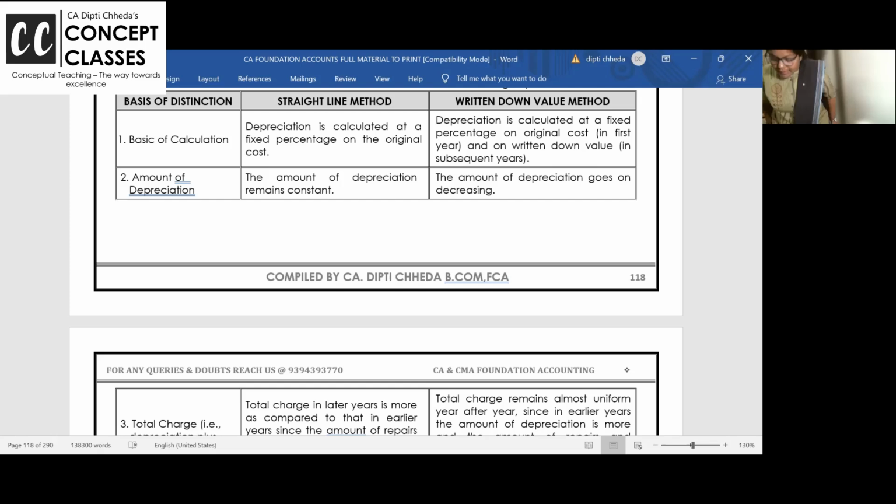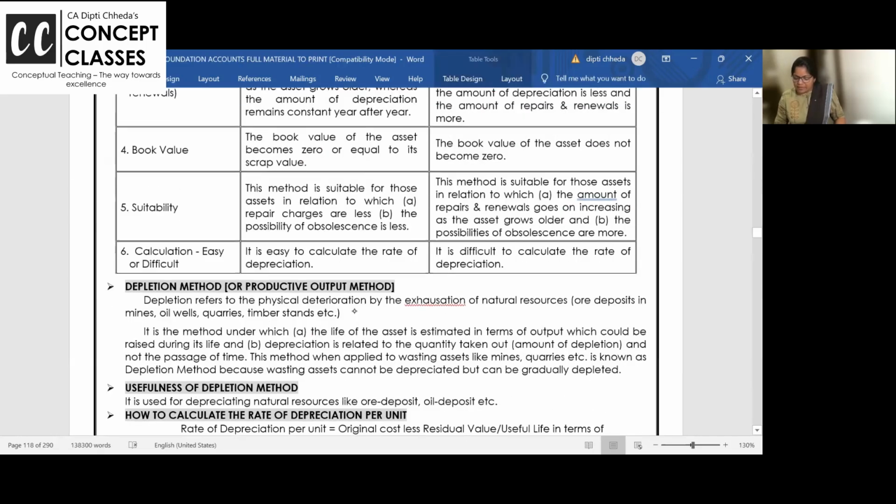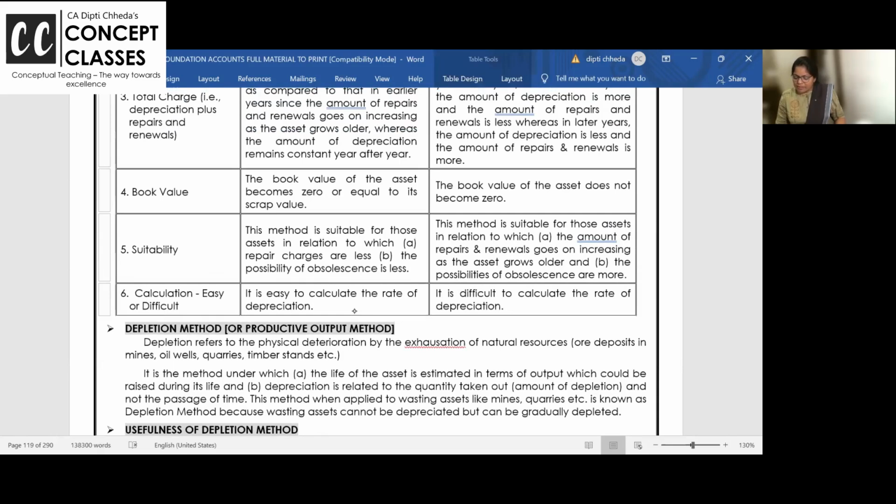I can ask you this as a theory question: SLM and WDV method, distinguish between. In SLM, the amount is fixed. Depreciation is calculated on original cost. Here in WDV, the amount is not constant but the rate is constant. In SLM the book value of the asset becomes 0, because total cost minus scrap value divided by number of years will finish it.